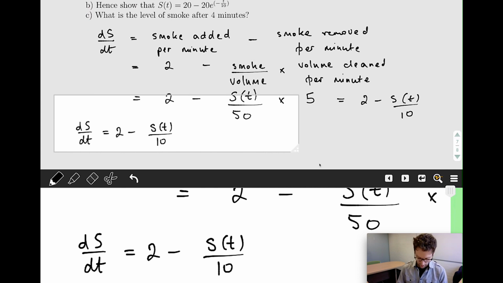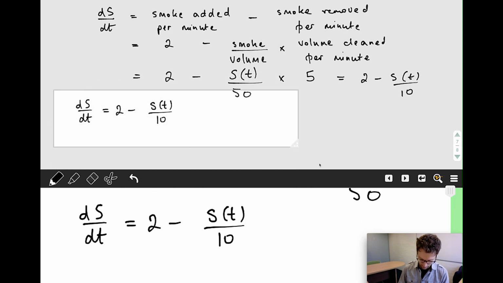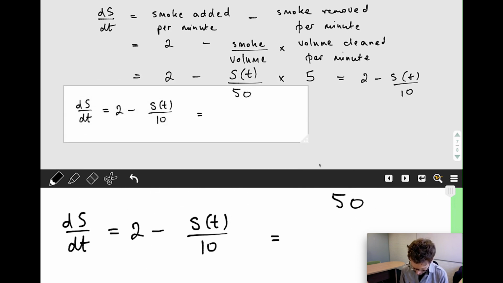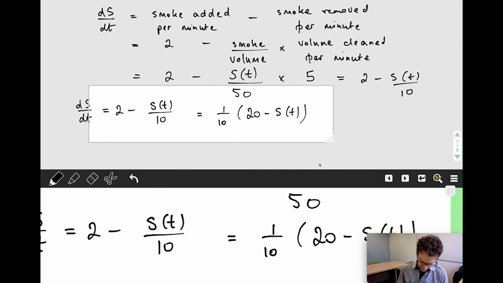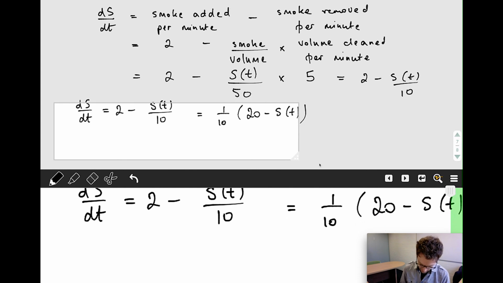We're going to solve this equation now using the method of separation of variables. So let's take out a common factor of 10. So 1 over 10 times 20 minus S(t). Let's take the factors of S over to the left and the factors of t over to the right.